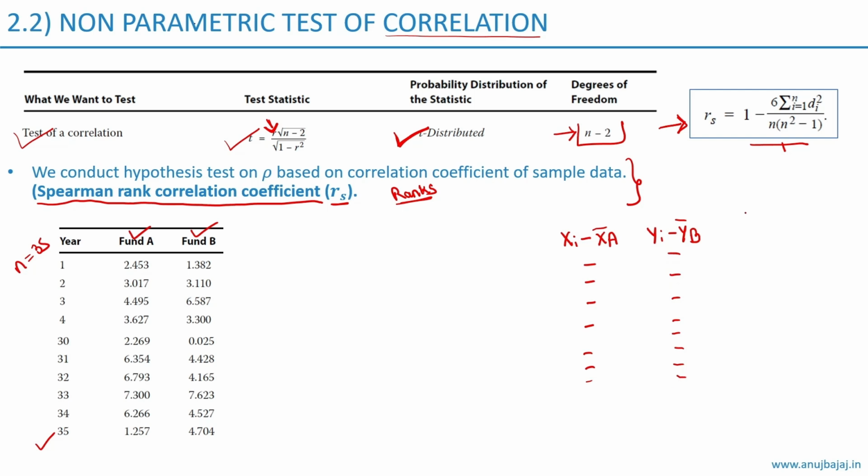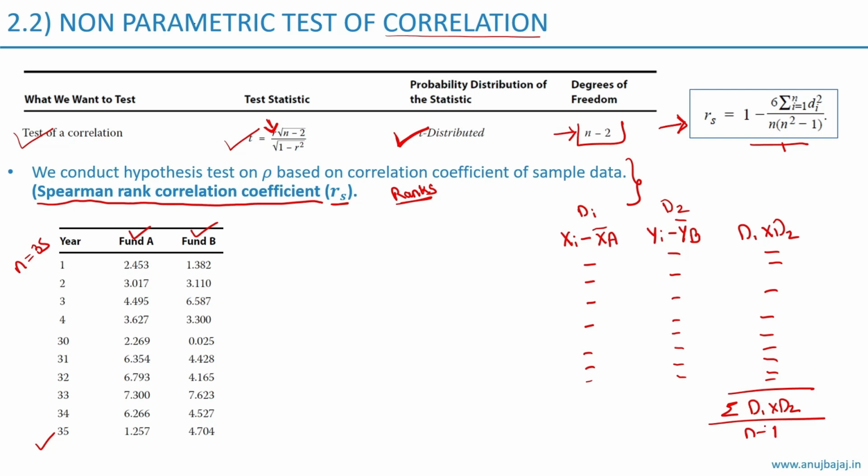Then we multiply each of these deviations. Say this is deviation 1 and this is deviation 2. We multiply deviation 1 by deviation 2, and we have 35 deviation products. We add all these deviation products and we divide by n minus 1.